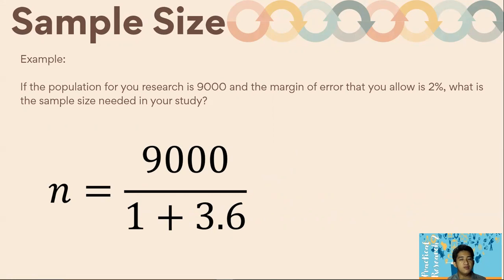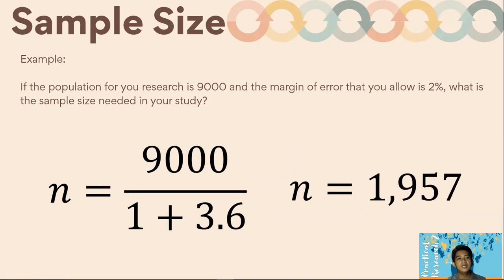With this, we can already calculate our sample size. So if a 9,000 population is needed for your research, then we could come up with a total sample size of 1,957 samples that will come from the population of your research.